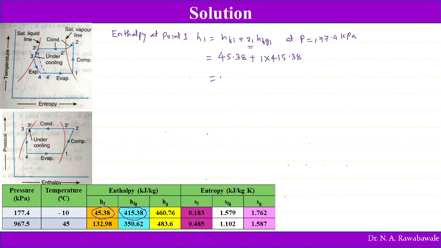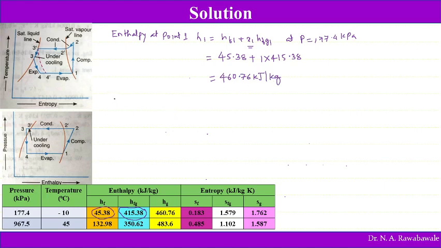So this gives us the enthalpy at point 1, the inlet of the compressor: 45.38 plus 415.38, which is 460.76 kilojoules per kg. So enthalpy at point 1 is known.